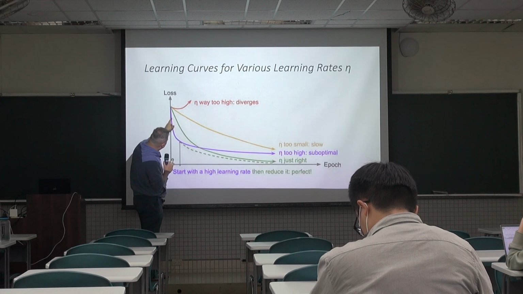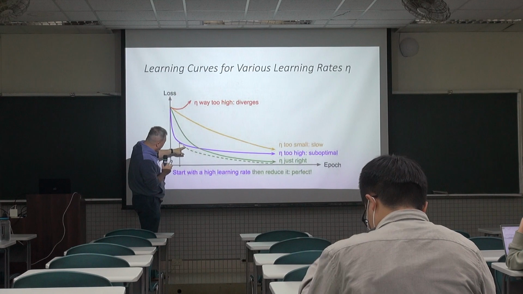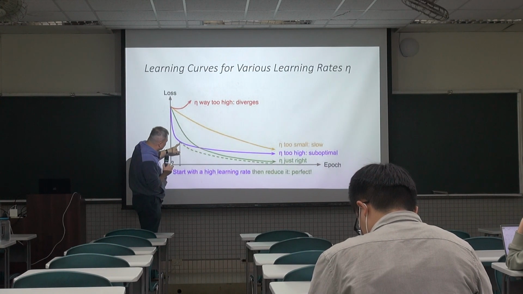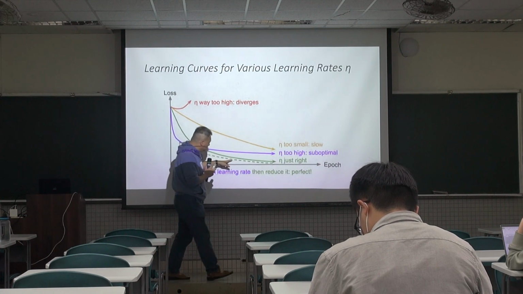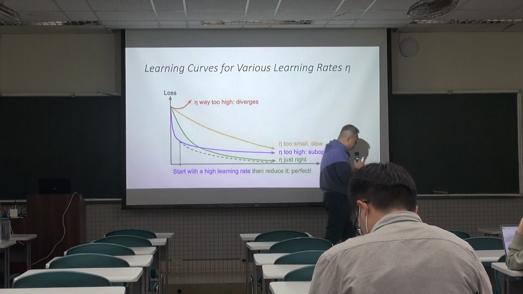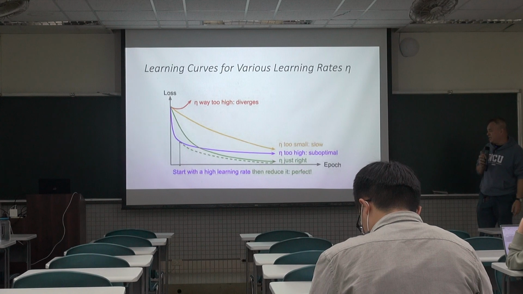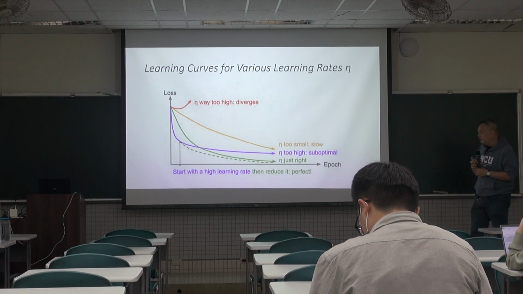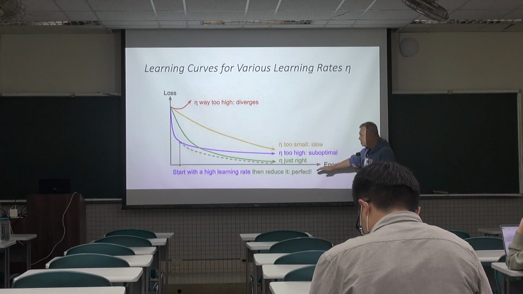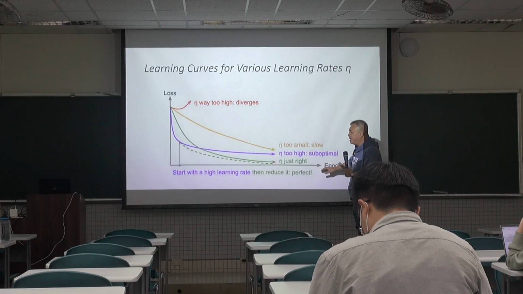What happens is that eventually we have this dotted learning curve, and it may even perform better than the best learning rate we can have.